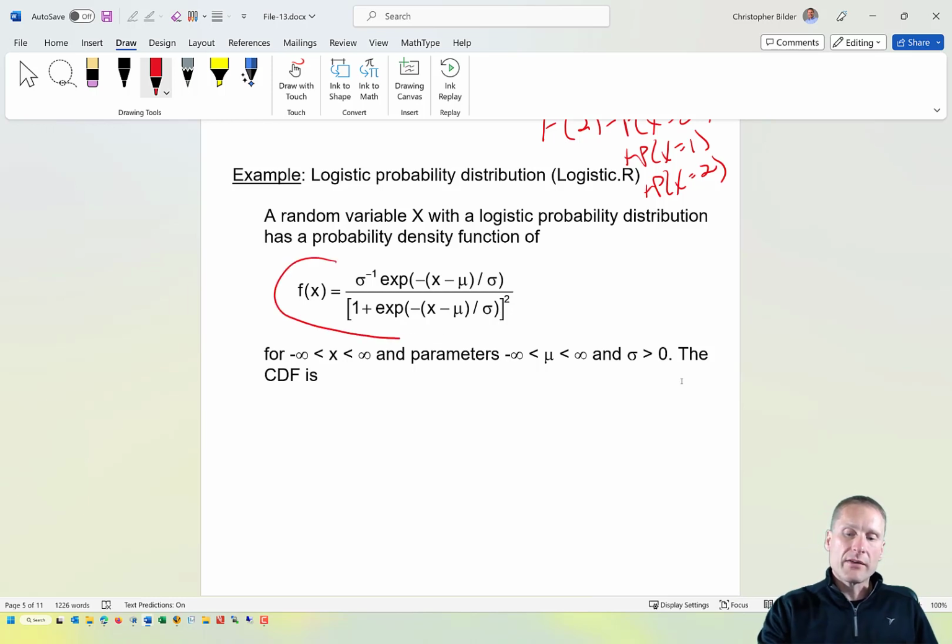And here's what f(x), little f(x), would look like. This is my probability density function. Just like with other probability distributions, there are particular parameters that control the shape of it. One parameter is referred to as mu with a logistic probability distribution. Another one is often referred to as sigma.